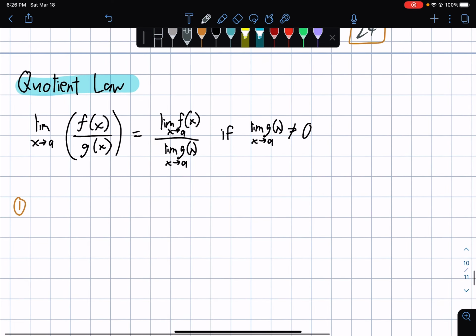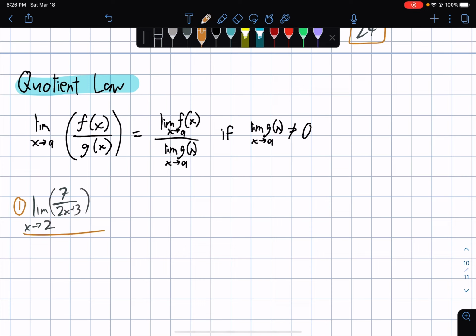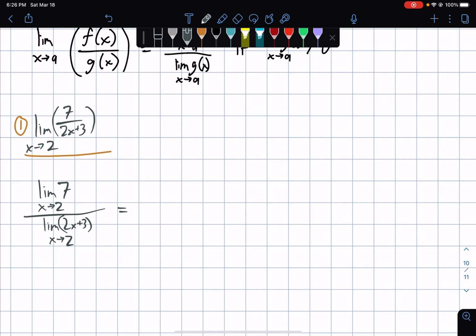Let's say limit of 7 over 2x plus 3 such that x approaches 2. And so, limit of 7 such that x approaches 2 over limit of 2x plus 3 such that x approaches 2.